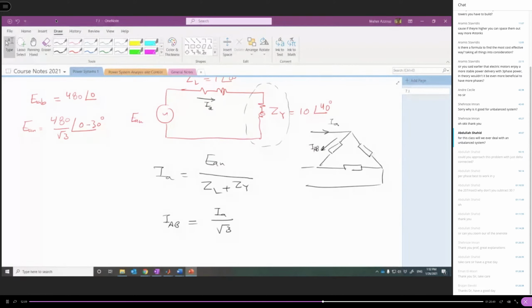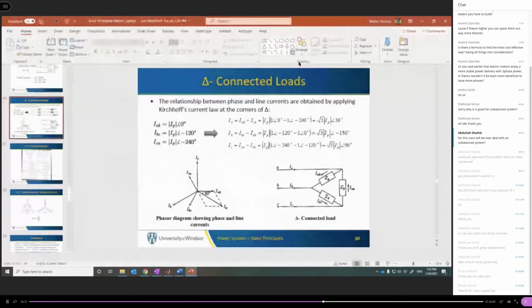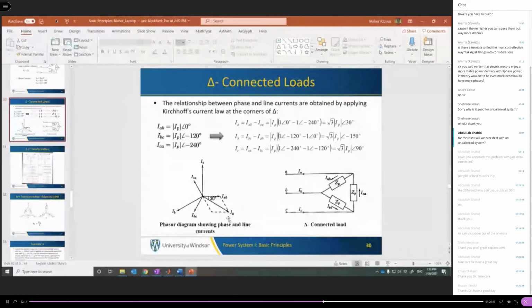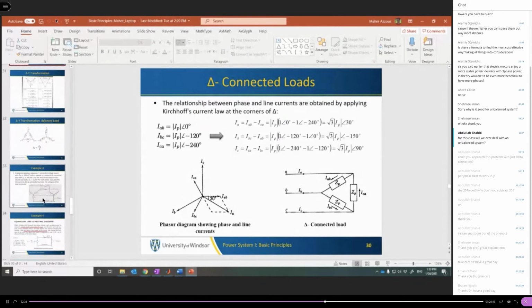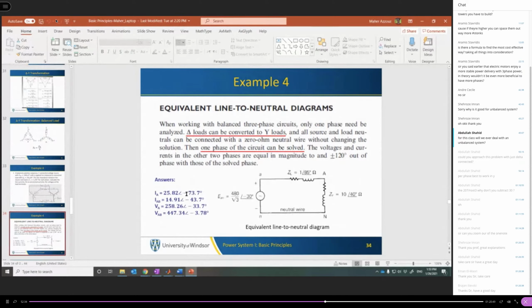Look, if you have the line current, the phase current of the delta connected load leads the line current by 30 degrees. So it has a higher angle, and the difference is 30. So if the current here, let's say, has an angle of negative 73, the phase current leads by 30 degrees, so we need to add 30 degrees to this amount.